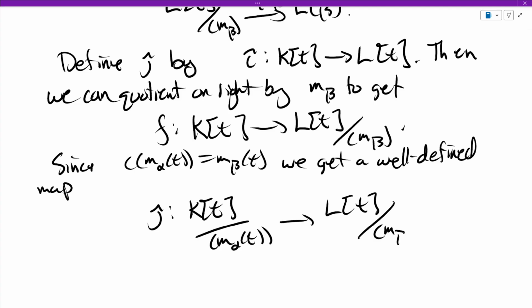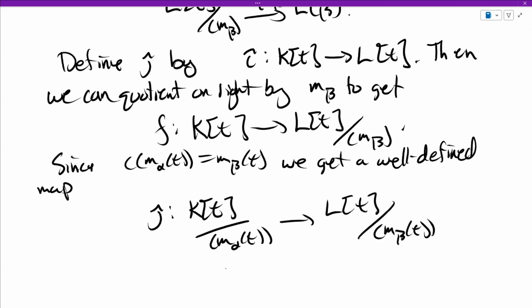Why is that? Well, M alpha goes to 0, so by the first isomorphism theorem, right, because M alpha is sent to M beta via this change of coefficients function. So M alpha goes to 0 under that, and the first isomorphism theorem tells us that if we have something going to 0, then we can mod out by the ideal generated by that.